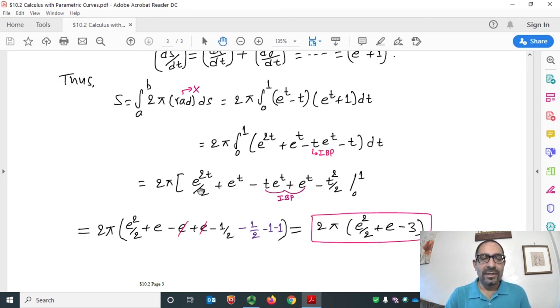So in the next step, 2 pi as it is, the integration of e to the 2t becomes e to the 2t over 2, plus the integration of e^t becomes e^t, then minus, using integration by parts, the integration of t times e^t turns out to be t e^t minus e^t.